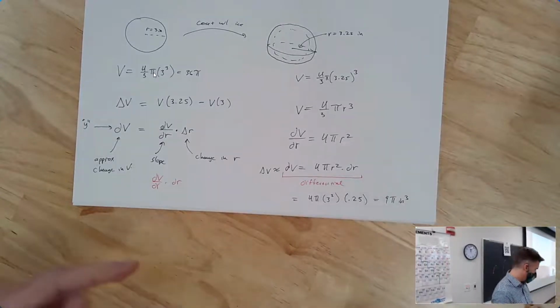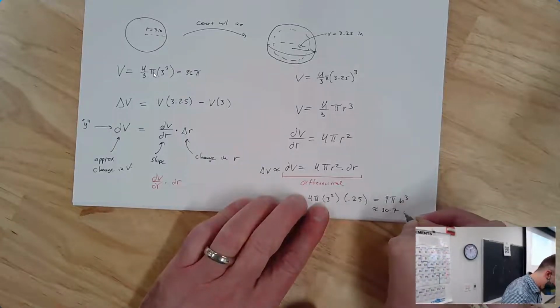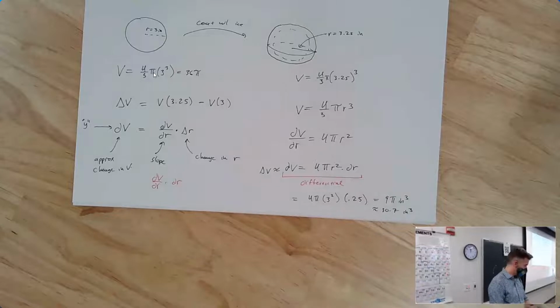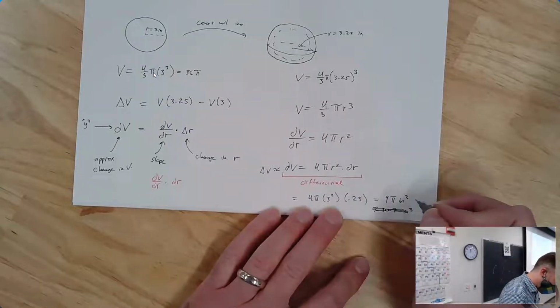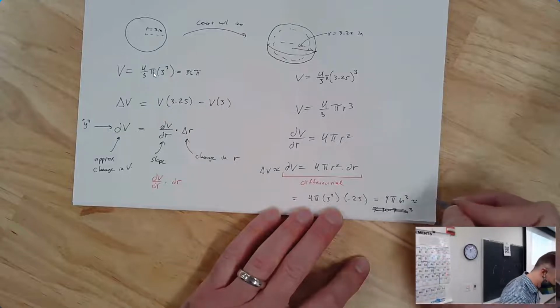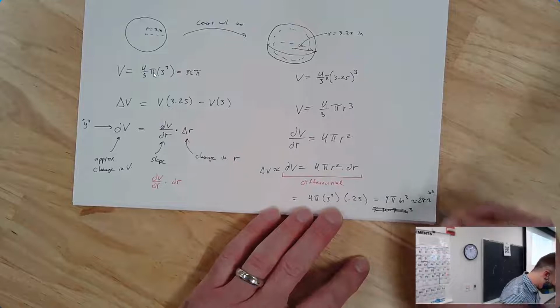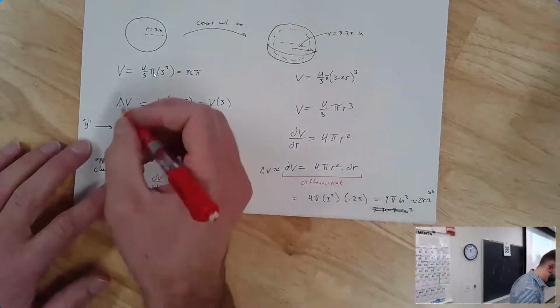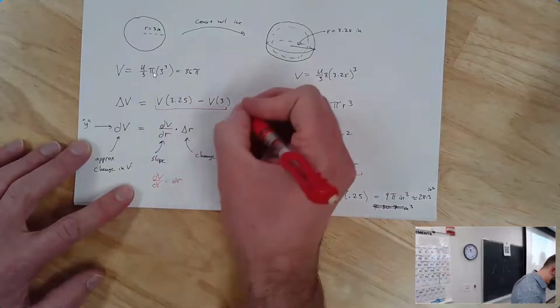If you want to use a calculator, that's about 30.7 cubic inches. Oh, sorry, that's not that. That's the actual calculation. Apologies. That's about 28.3 cubic inches. If you actually calculate this change here, it's going to be about 30.7.